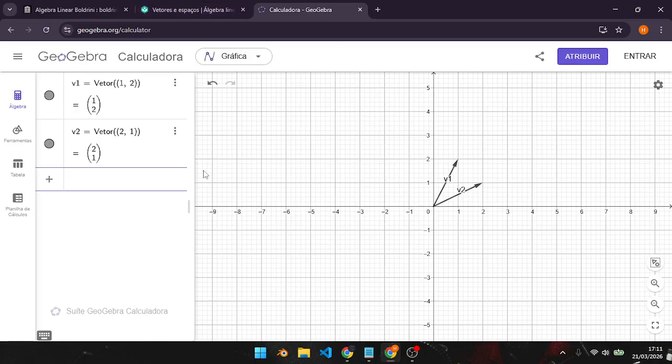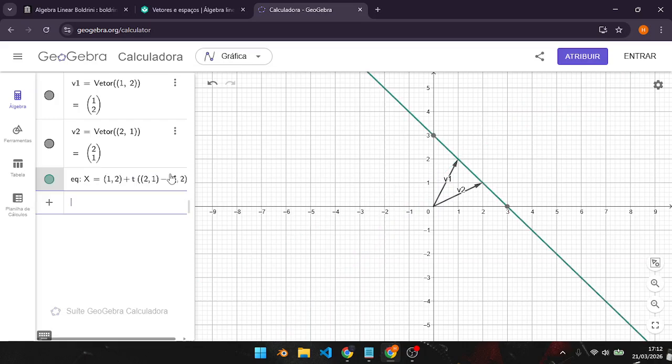It would be something like this: I have the first vector plus a parameter t times vector 2 minus vector 1. And as you can see, I have this line that passes through their points.